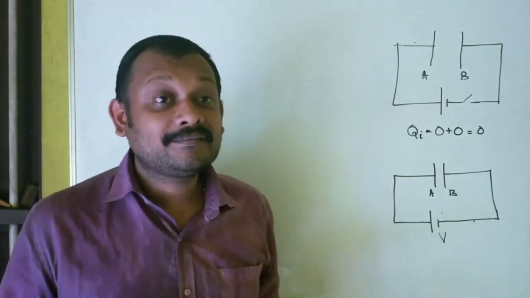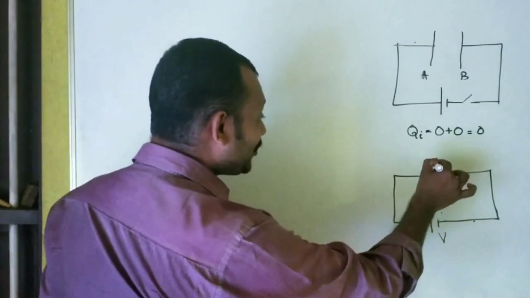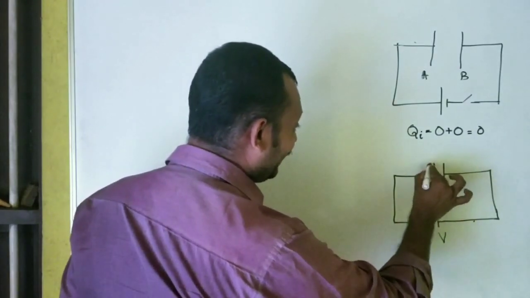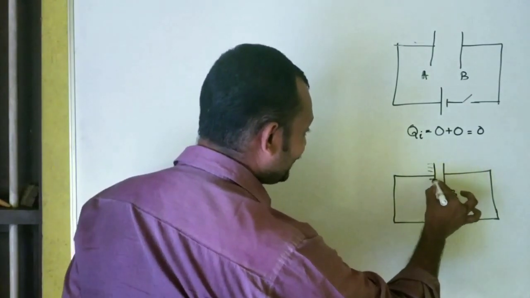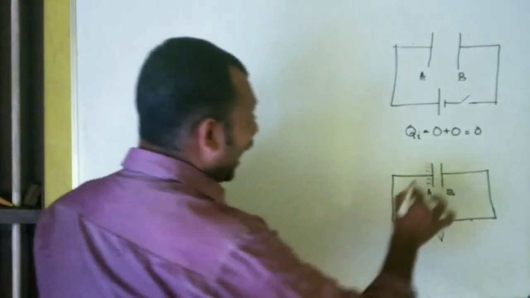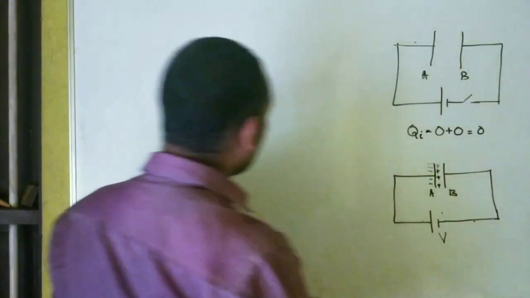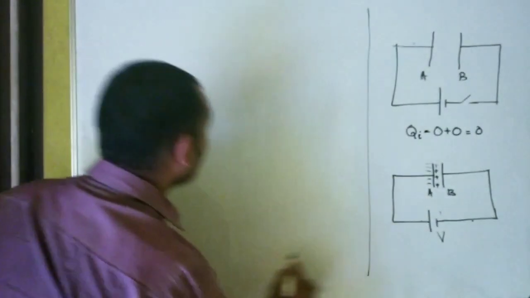So what will happen? Electrons on this conductor will tend to align on the outer edge and positive charges inside. With your permission, I am drawing it slightly bigger.